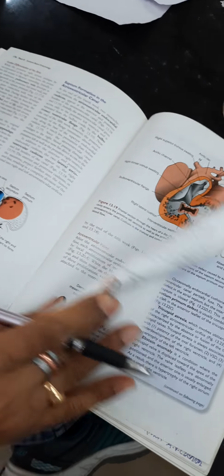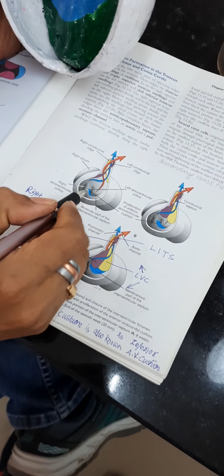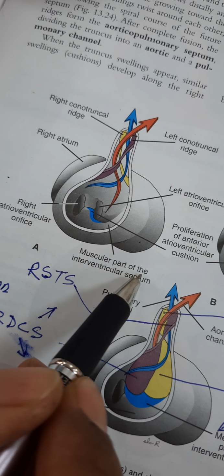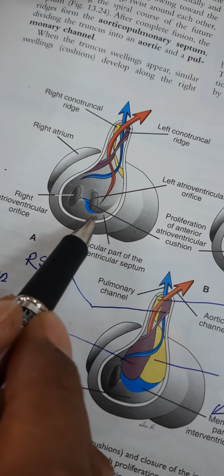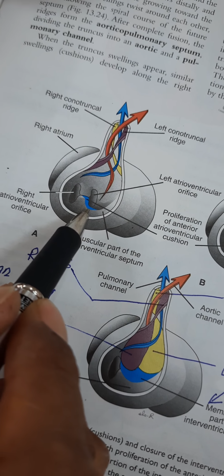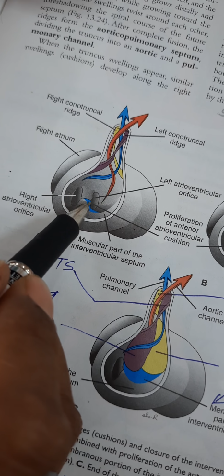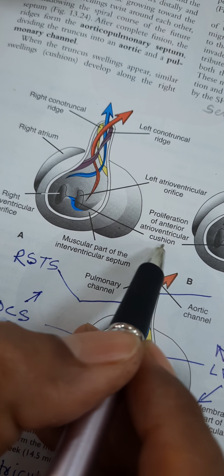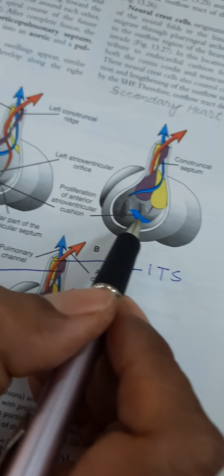Here also you can see in this model, which is taken from this diagram. Focus on this one. Here this is the original muscular part of the interventricular septum. Above it you see the blue colored proliferation of the anterior atrioventricular cushion.